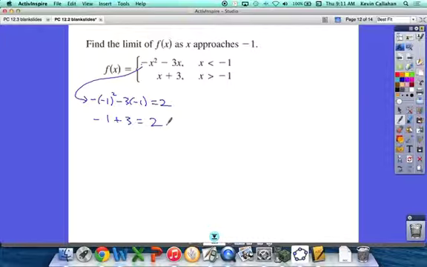We can say that the limit as x approaches negative 1 of f of x equals 2. So just evaluate the function for both expressions at that value. If they're pointing to the same place, that's the limit. If they're not, then there's no limit.